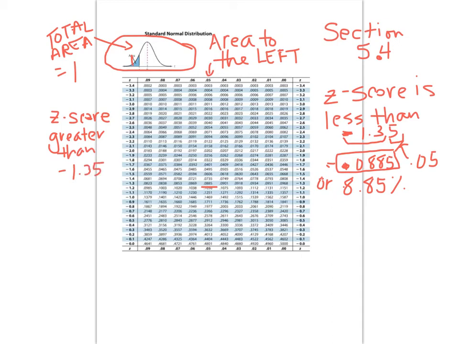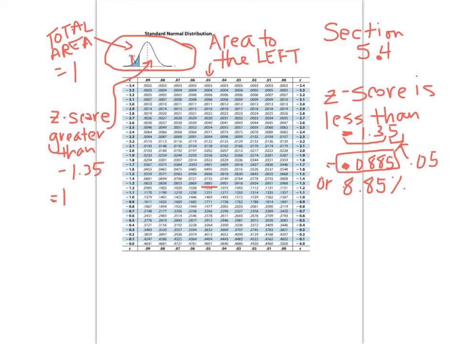But the thing is, our table only reads to the left, as we've said. So to find the area of a certain z-score that's greater than, really what I'm looking for is the area here in white in this picture, in this curve.